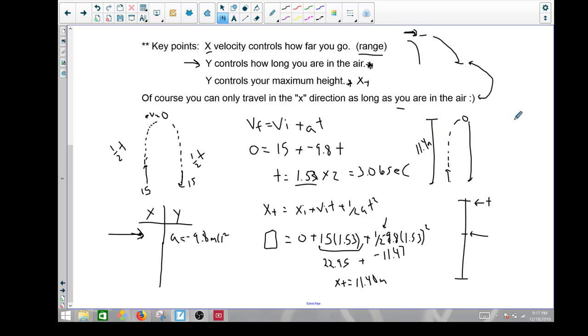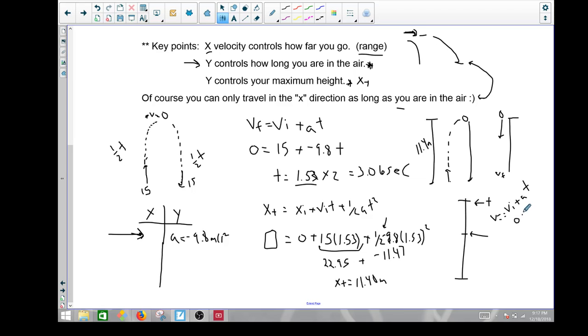If I have a guy who's on a ladder or a cliff and drops a ball at the same point and they both start falling down, that's exactly the same. And I could calculate the VF at the bottom, which would just be VF equals VI plus AT. So initial velocity at the very top is 0.